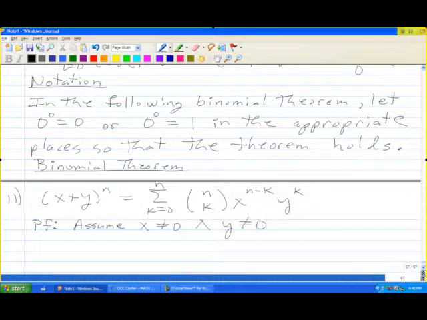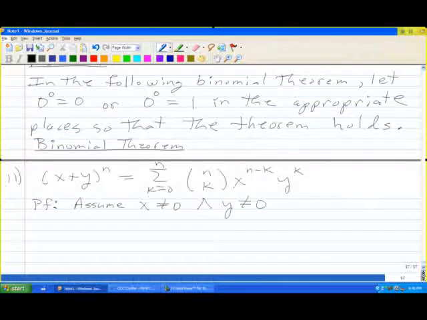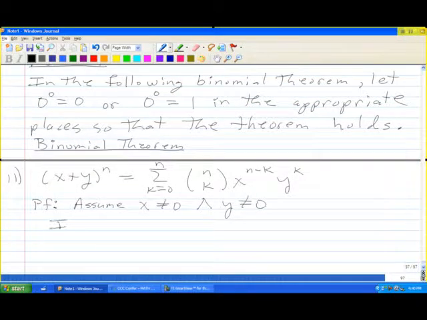So let's prove this using mathematical induction. And so the initial case.